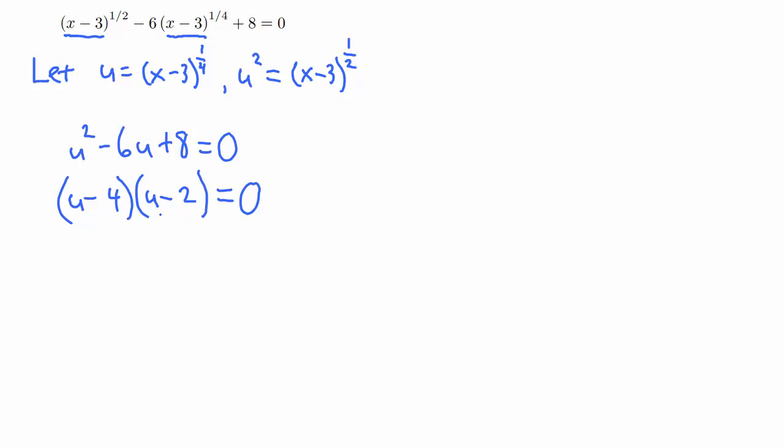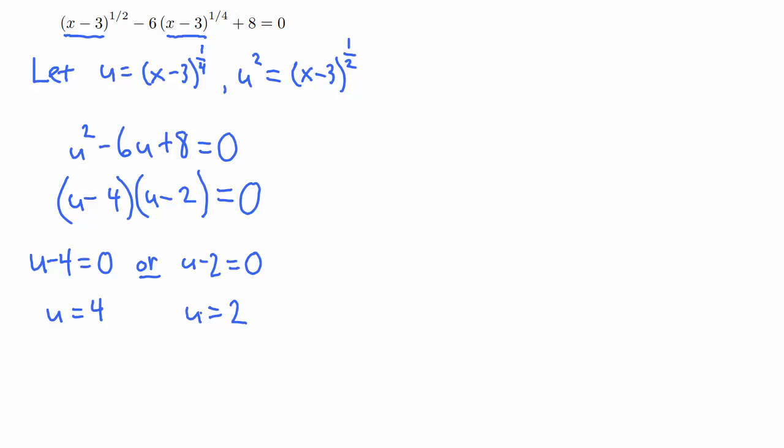So (u − 4)(u − 2) is u squared minus 6u plus 8. Fantastic. Now we can use the zero factor property: u − 4 = 0 or u − 2 = 0. Add 4, add 2, so u equals 4 and u equals 2.